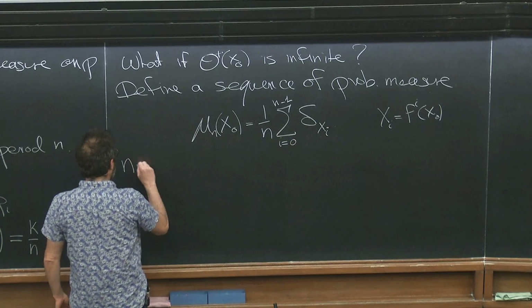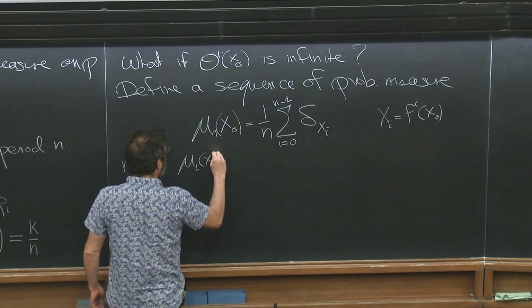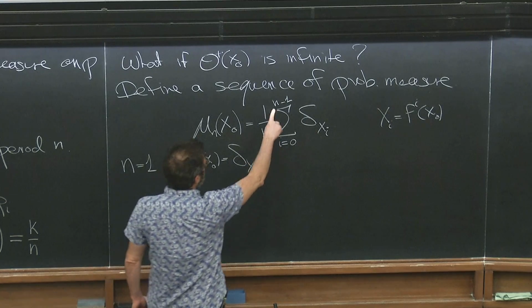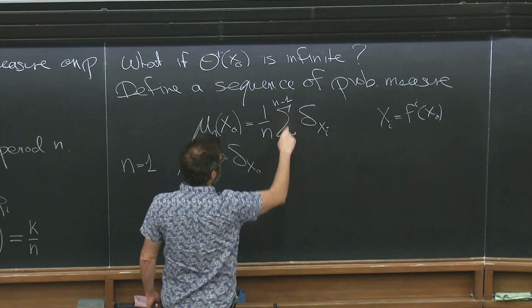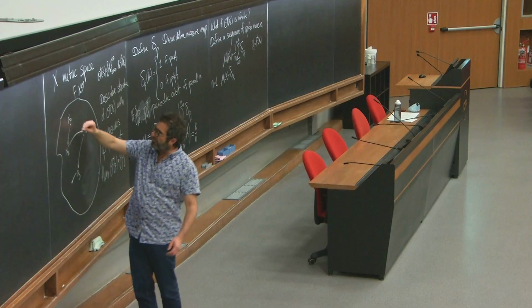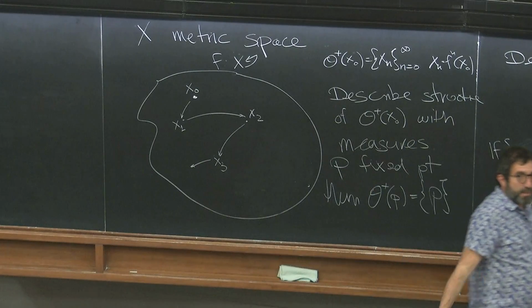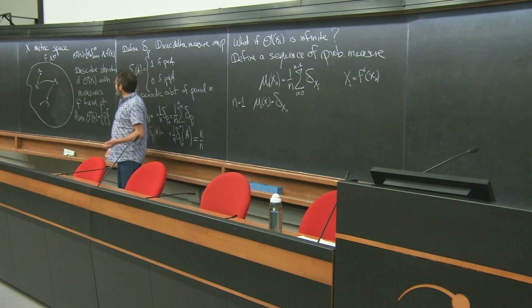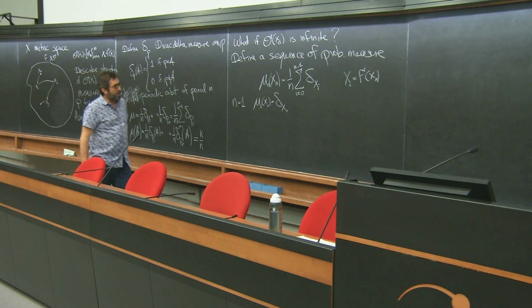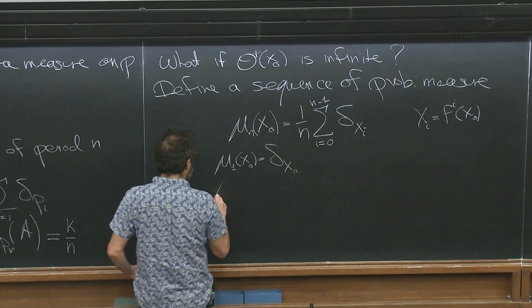So mu1 of x naught is just delta of x naught, because n equals 1, this is 0, so this is just the Dirac delta on x0. Now the Dirac delta on x0 is not particularly interesting because the orbit is soon going to move away from x0. So then we define another measure, which is for n equals 2.